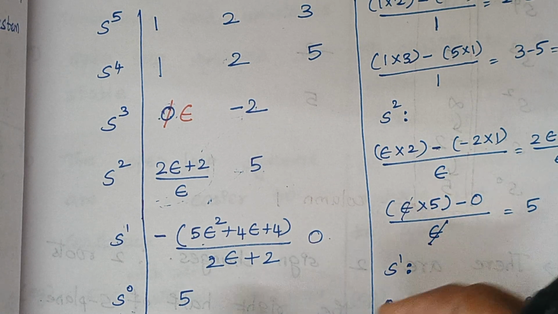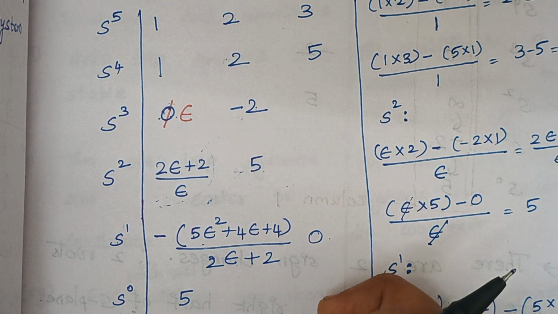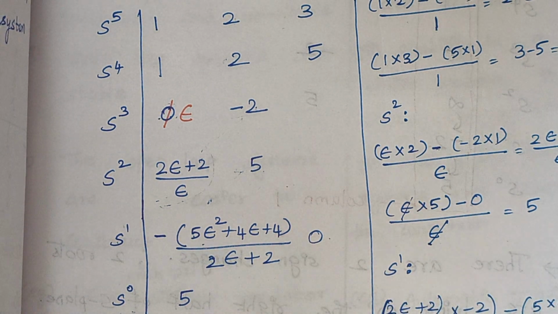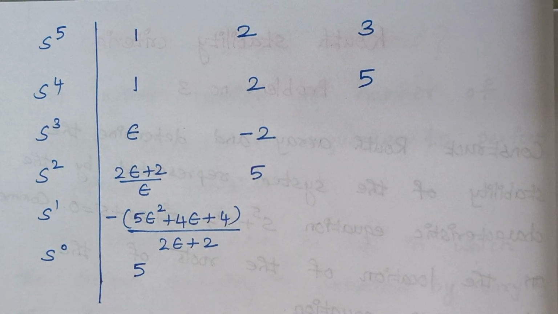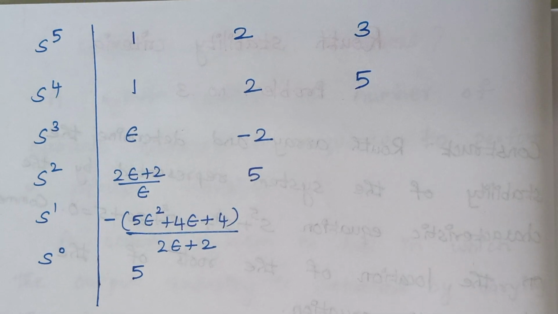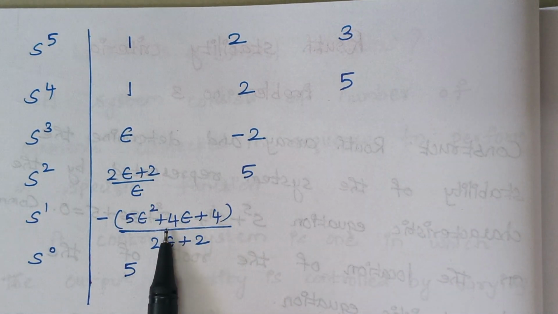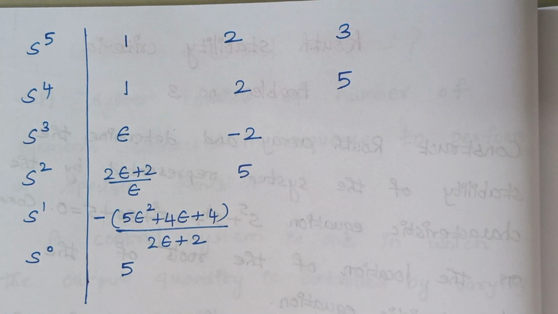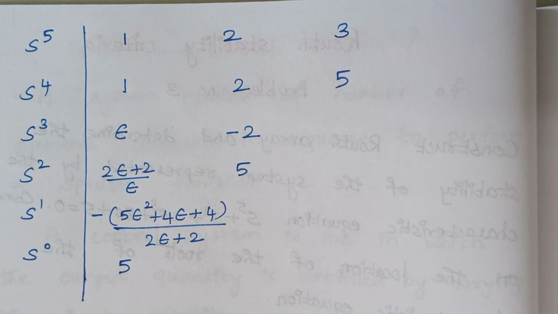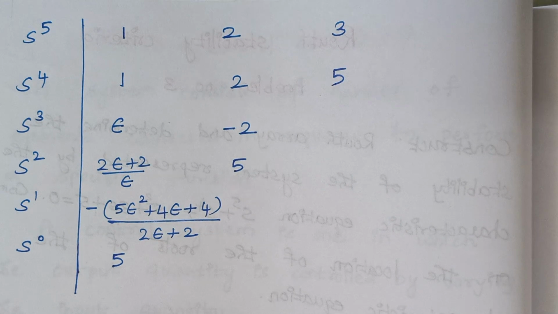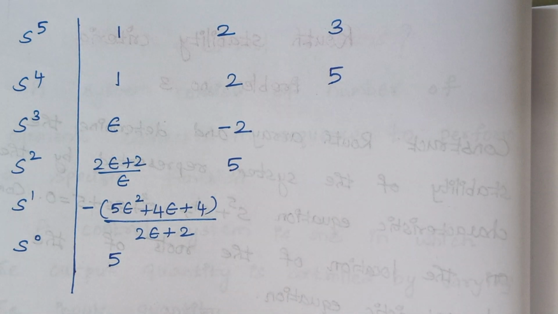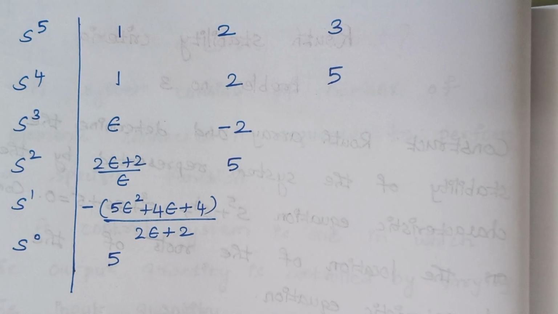Right, finally we had formed our Routh array, right? Now we are moving to our next step. Now how to check whether the system is stable or not, because we are having an epsilon term here. So now we are making our epsilon term to 0. That is, we are substituting the value of epsilon as 0 so that we can tell whether the system is stable or unstable, and also we can comment on the location of roots also.